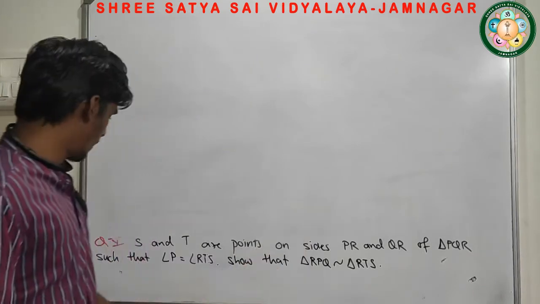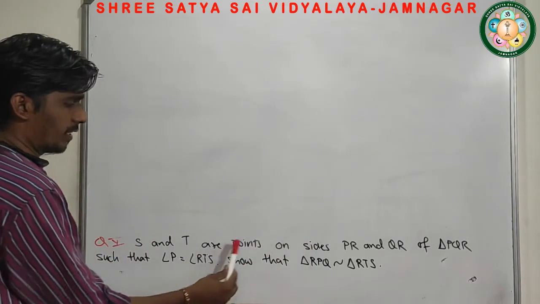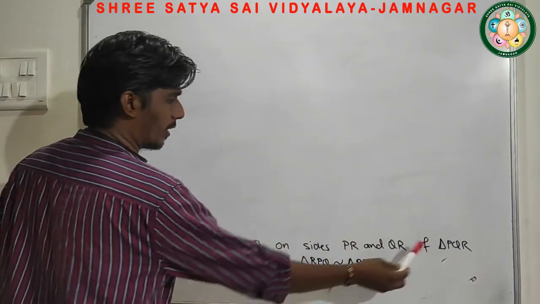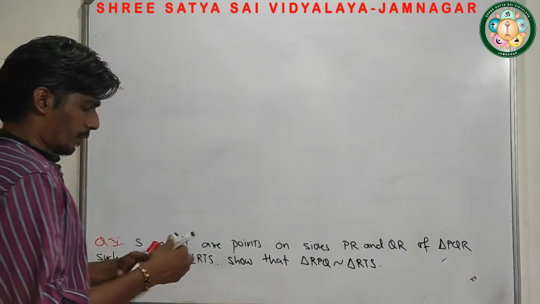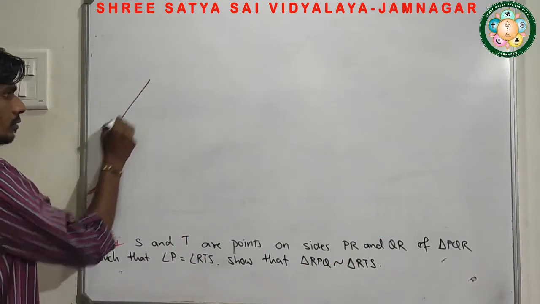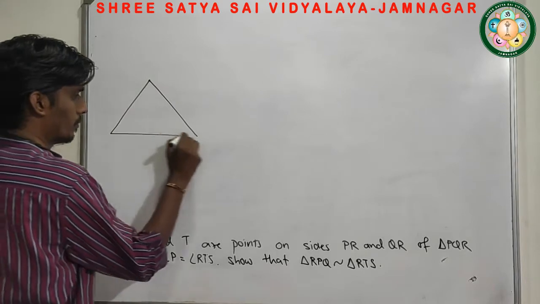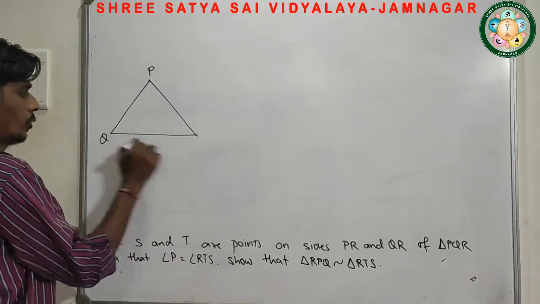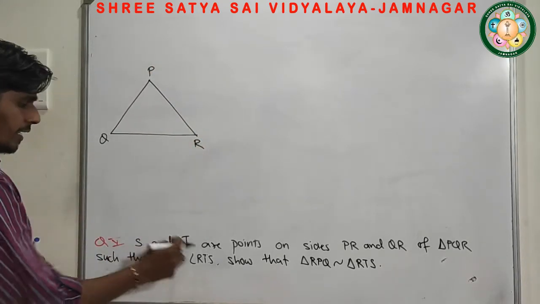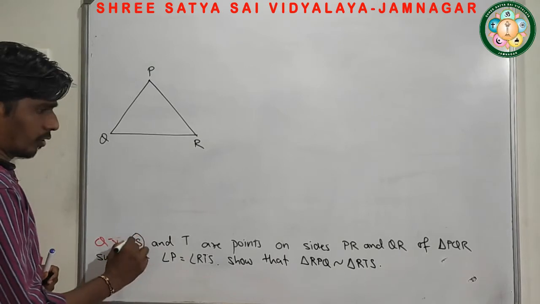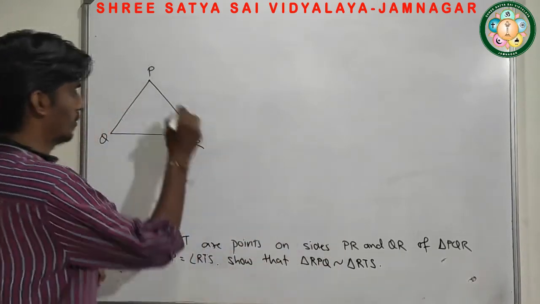Let's prove this fifth one. S and T are the points on sides PR and QR of triangle PQR. So let's first draw a triangle PQR. S is on PR.